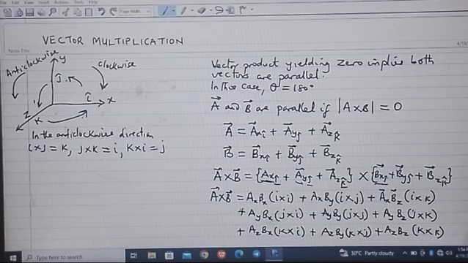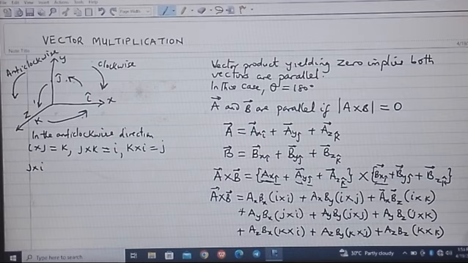Now let's move in the opposite direction. If we move in the opposite direction, it means we are now saying J cross I. So J cross I will give us a negative value, minus K, since we are now moving opposite.